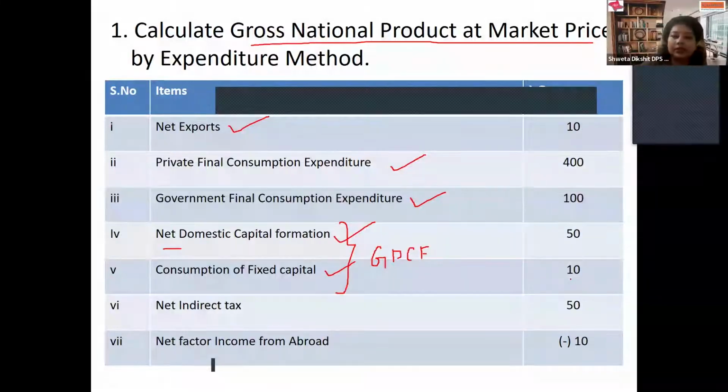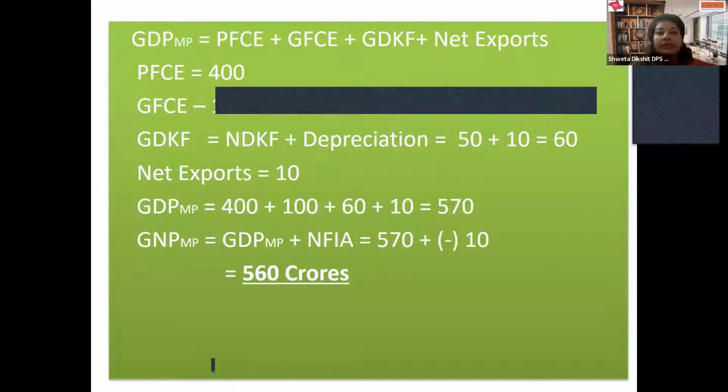Let us solve this for you. As per the formula, GDP at MP is equal to PFCE plus GFCE plus GDCF plus net exports. PFCE given in the question is 400. GFCE given is 100. GDCF was not directly given. In fact, NDCF and depreciation were given. I asked you to total them, so 50 plus 10 is equal to 60.